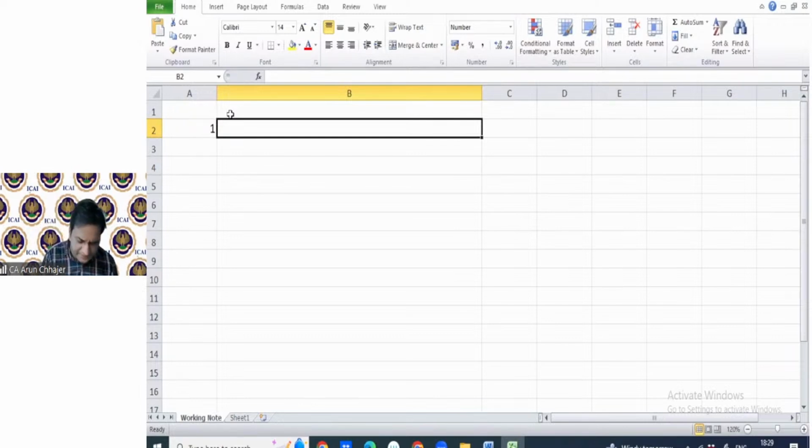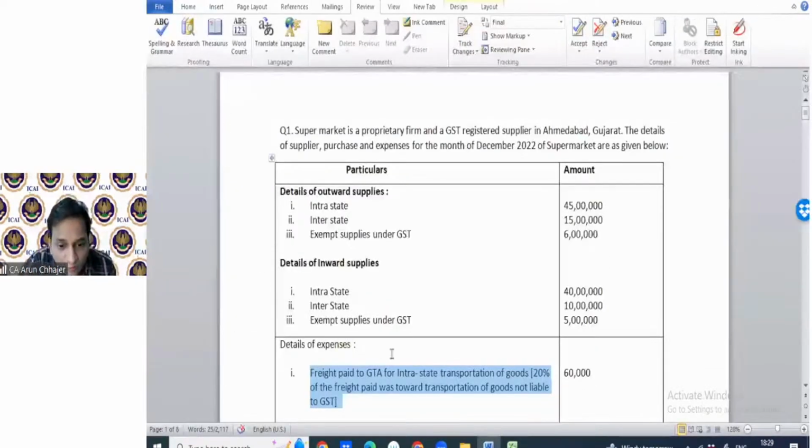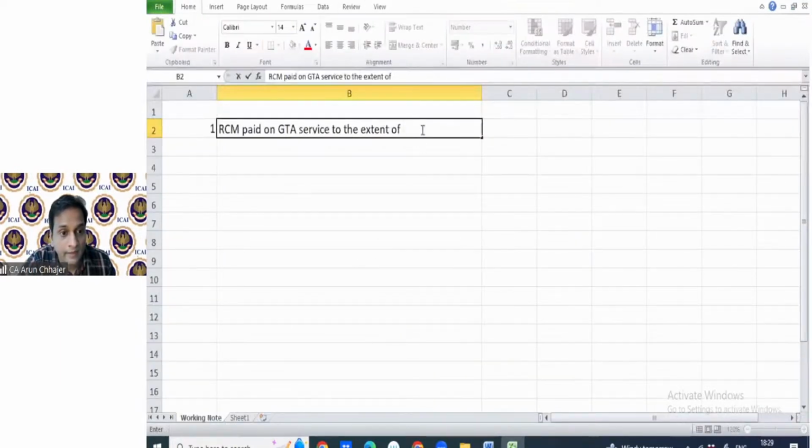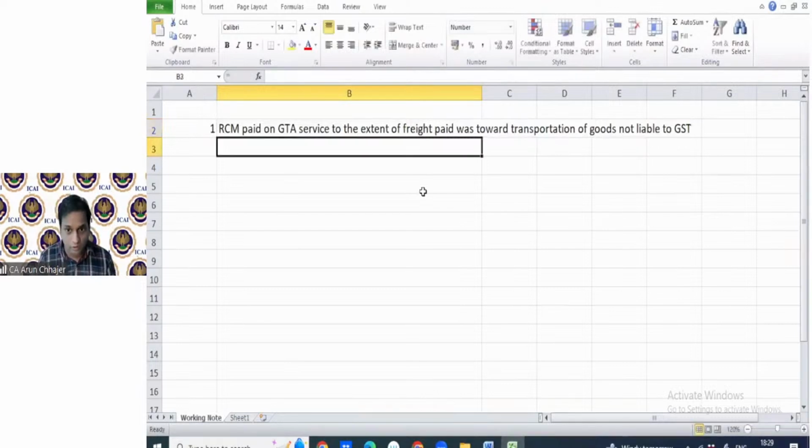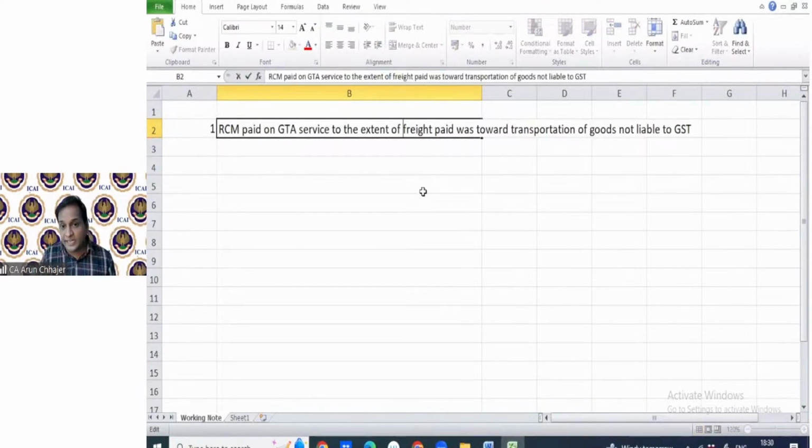I can simply say the RCM paid on GTA services to the extent of freight paid towards transportation of goods not liable to GST is not available for ITC.